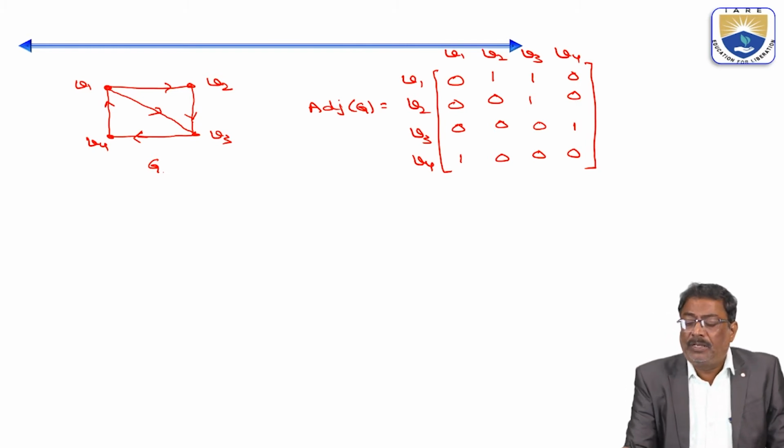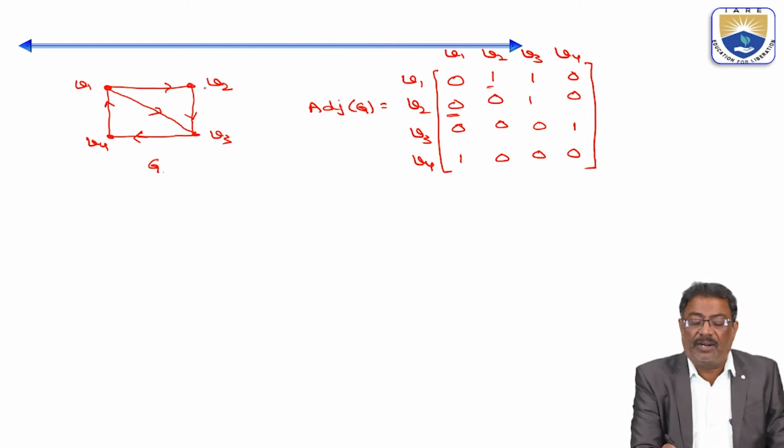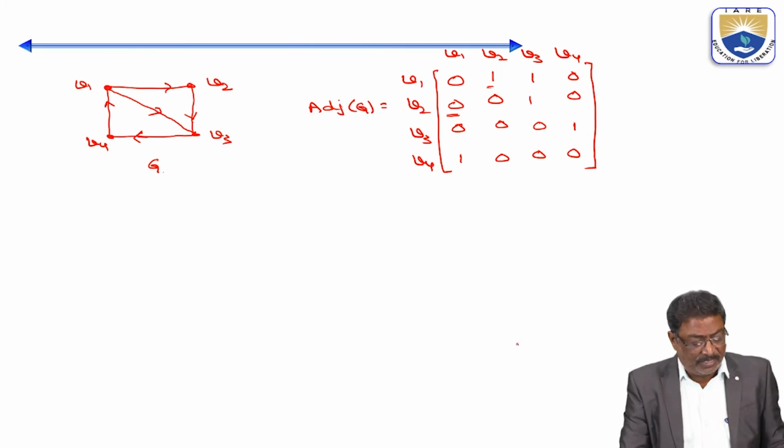It is not necessarily symmetric: V1 to V2 has an edge, but V2 to V1 has no edge, so I am not going to get a symmetric matrix in this instance.